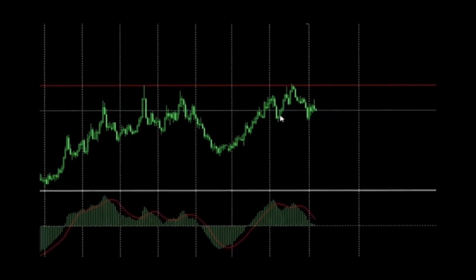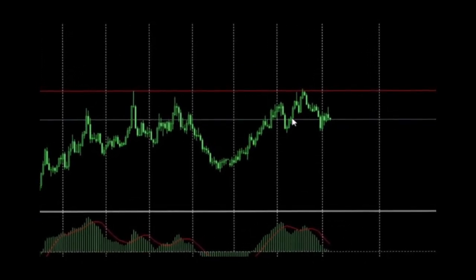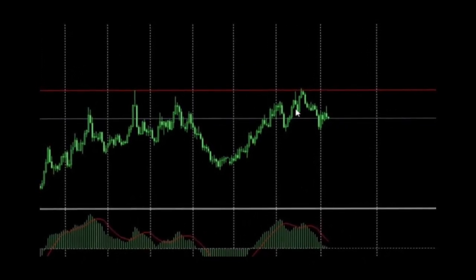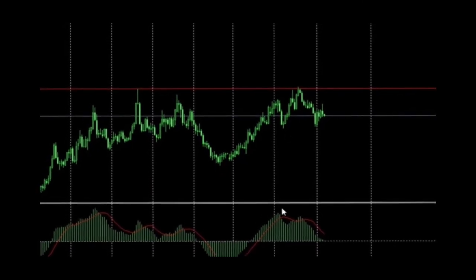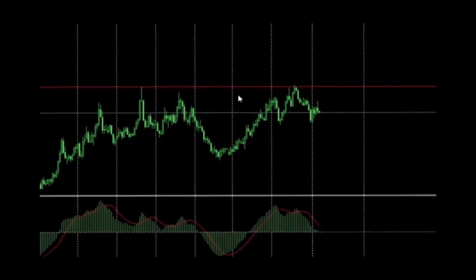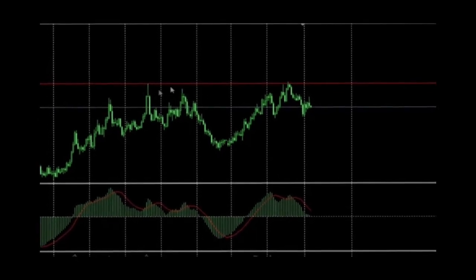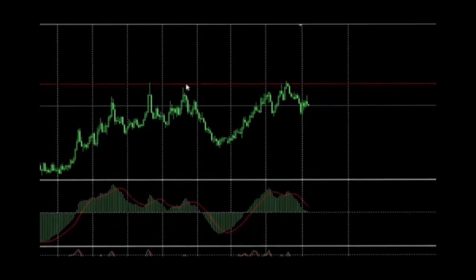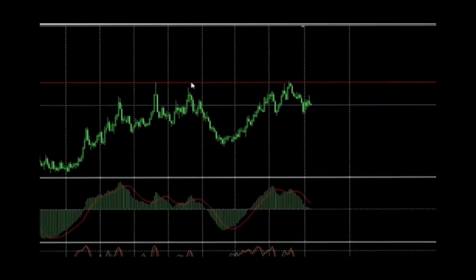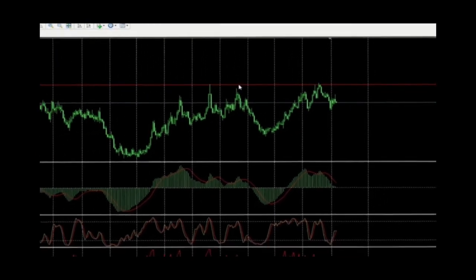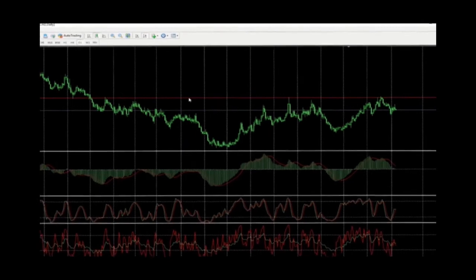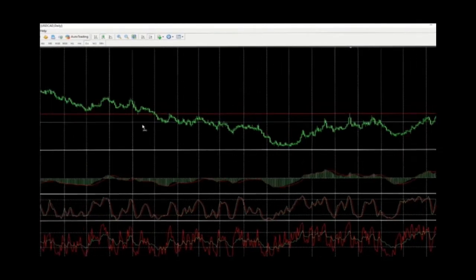Then I would have said, okay, let me see if I can find a level where they could potentially come and create a divergence. And I would have looked on the left side here, and I would have seen that level right there. Okay, so I could have placed this right there, and I would have looked in the past.